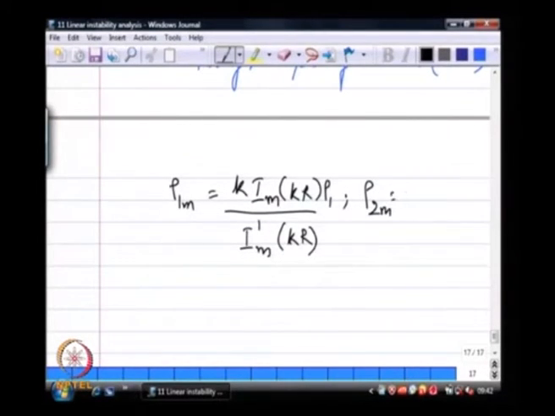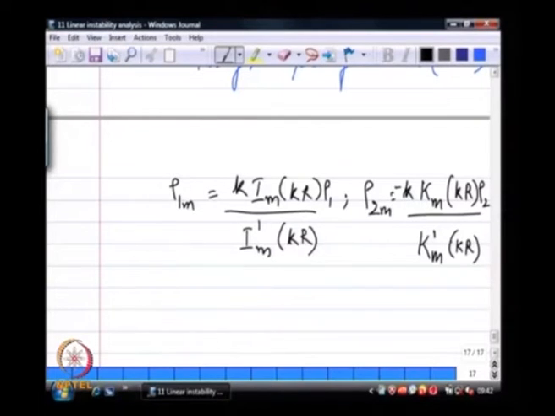Rho 2 m is minus k times K m k r divided by K m prime k r times rho 2. Rho 1 and rho 2 are the material densities. K m is the modified Bessel function of the second kind. Prime K m prime and I m prime denote differentiation with respect to the argument of the function.